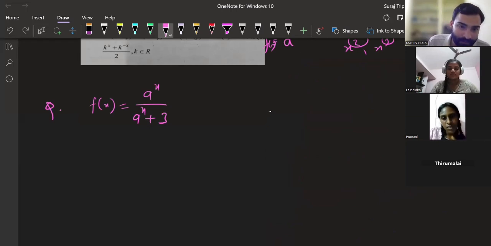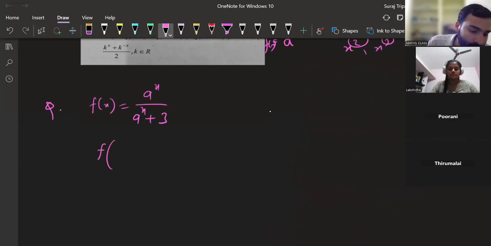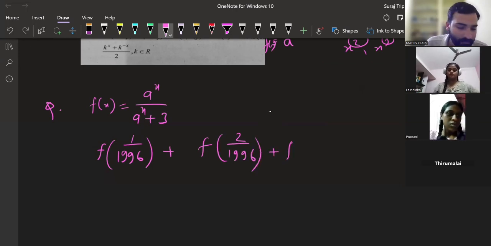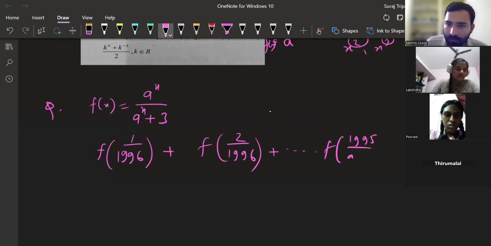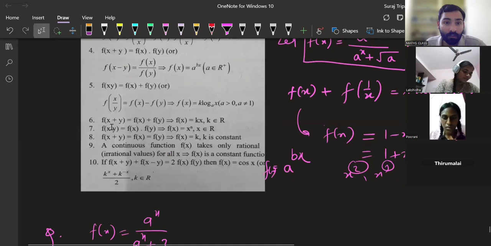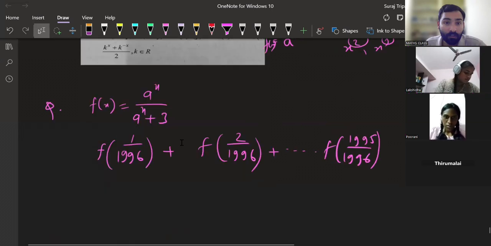And then we have to find the value of f of 1 upon 1996 plus f of 2 upon 1996 plus dot dot dot f of 1995 by 1996, right? Now just check all these properties. Which property is applicable in this question?